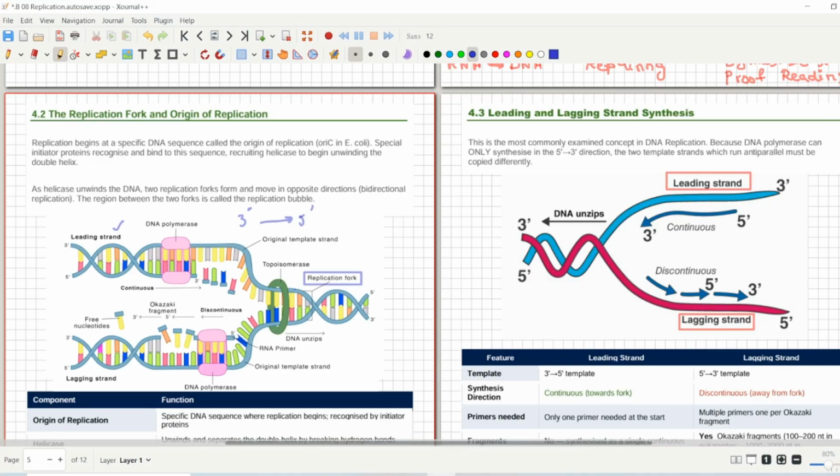As you can see, the first DNA polymerase is working on the first template and it is going continuously. There is no break here, and it is moving towards the replication fork.